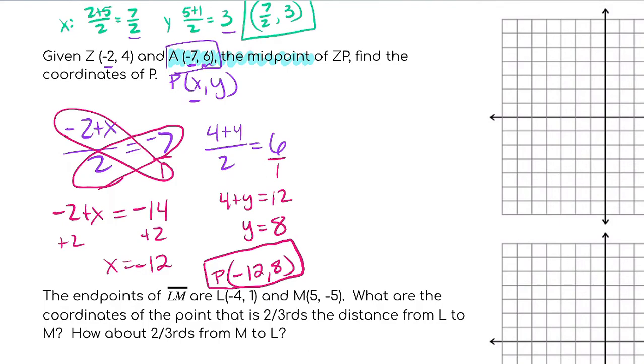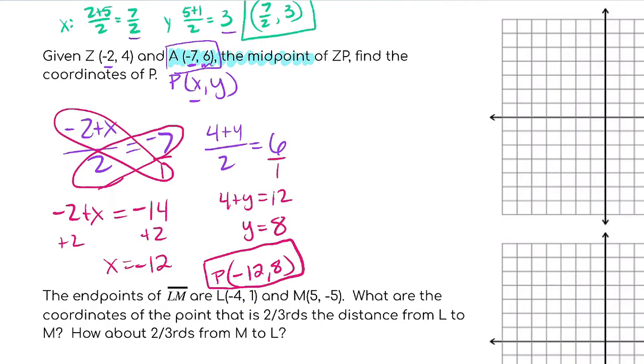Now, if you want another method, the method that I prefer, I like to call it strategically lazy because I use strategy to make it as easy as possible. If we were looking at this answer and looking at the graph grid that I provided, the graph grid does not go all the way to -12 and 8.